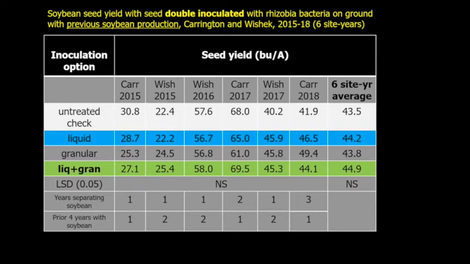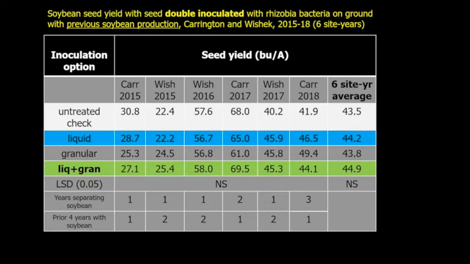These are the results of 6 trials conducted at Carrington REC. Notice that there are some high yield environments and some that are low yield. With the treatments, we had an untreated check where the seed was not inoculated with the rhizobia bacteria. Then we had a liquid treatment, a granular treatment, and then the combination. We used the standard rates with both liquid and granular.